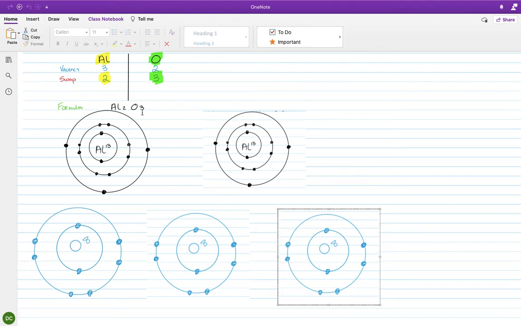So if you look down here, this aluminium can come in here. Yeah, I can do a share there. And then likewise I can do a share here.